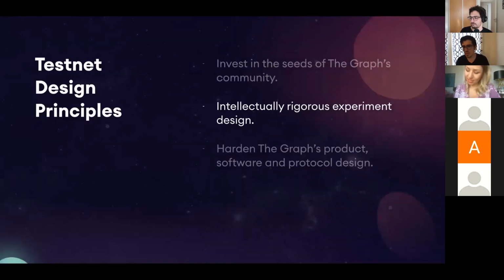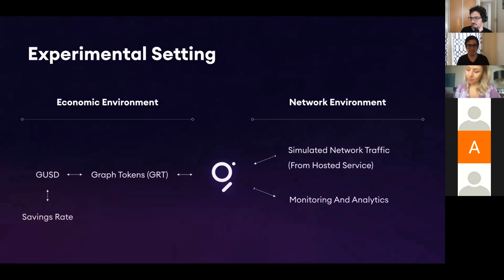So the next thing that we really wanted to look at when we were designing the testnet was making sure we were applying intellectually rigorous design principles. And I think this is also something that sets the Graph's testnet apart from other ones you've participated in.